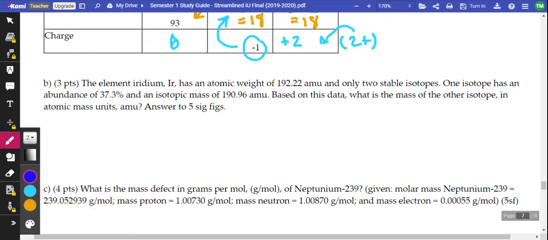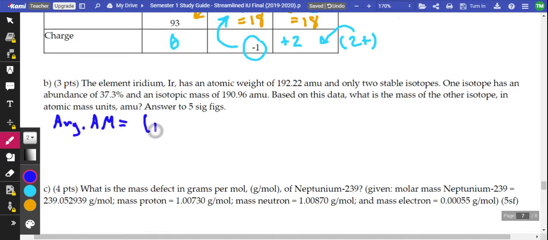All right. Our average atomic mass of an element, I'm going to say average AM, is a weighted average that depends upon how many isotopes you have, how abundant those isotopes are, and what their masses are. It usually follows this general trend.